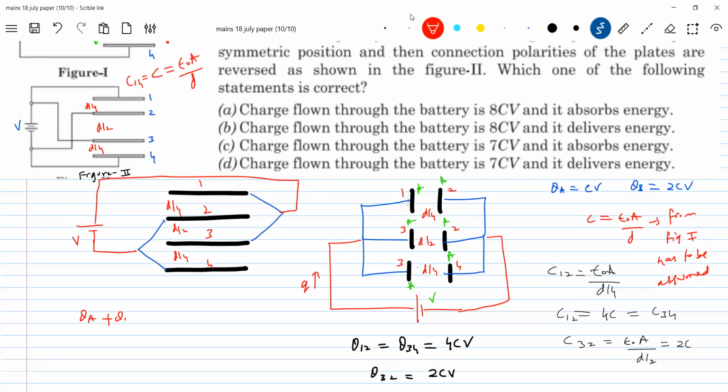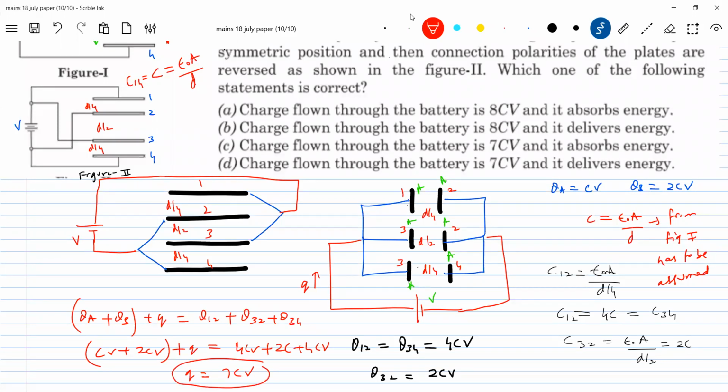QA plus QB plus Q should be equal to Q12 plus Q32 plus Q34. So this should be equal to CV plus 2CV plus Q should be equal to 4CV, 2CV, 4CV. So the difference is what? 7CV. Positive charge left. So therefore this cell supplies energy.